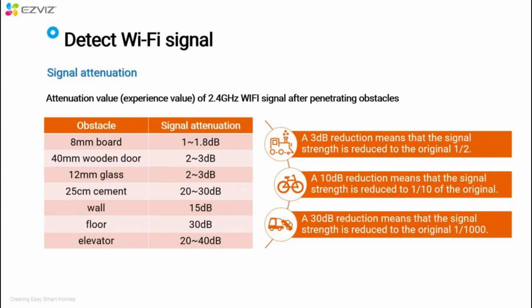And a 10 dB reduction means that the signal strength is reduced to 1/10 of the original. And if there is a 30 dB reduction, it means that the signal strength is reduced to one thousandth of the original. And this film shows the different obstacles with the signal attenuation.